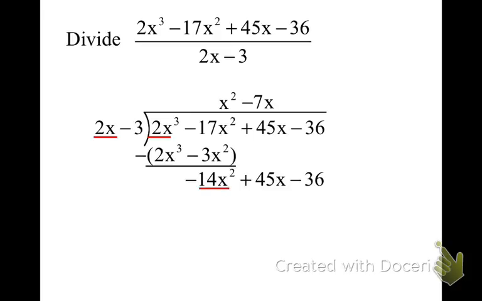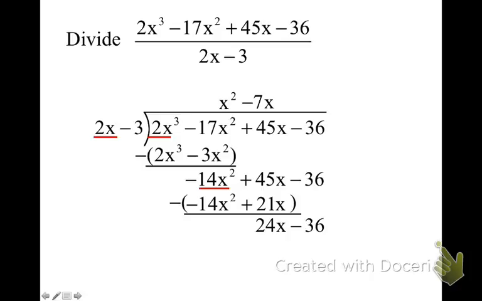Negative 7x times 2x is negative 14x squared. Negative 7x times negative 3 is plus 21x. But we subtract the whole thing, so we are left with 24x. Bring down the 36. Multiply by 12, plus 12. And then we subtract the whole thing, and we are left with 0. Questions?